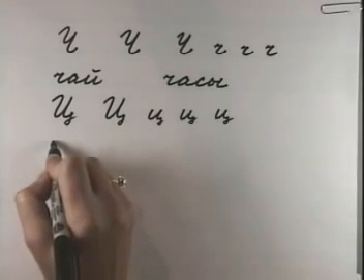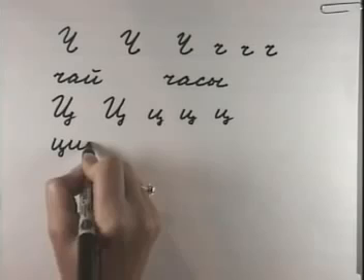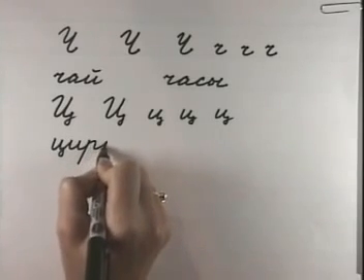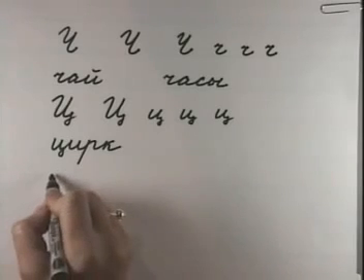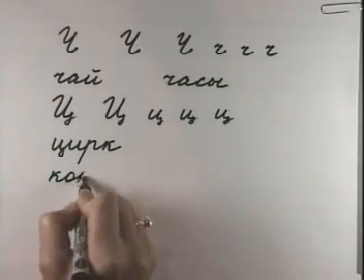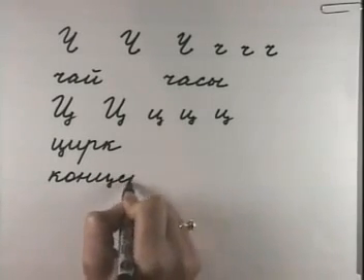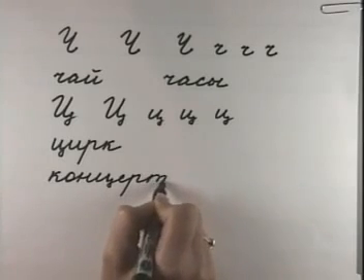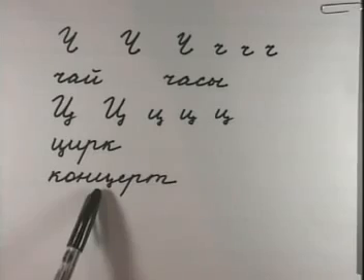So you know that Russian kids like going to цирк. And adults enjoy going to концерт. Концерт. Цирк. Концерт.